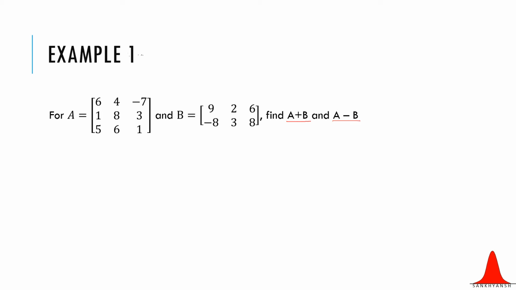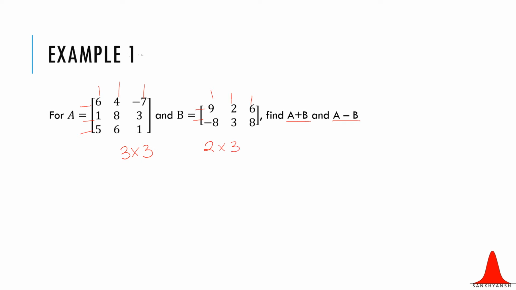Let's see the order of this matrix. It has 3 rows and 3 columns, so the order of the matrix is 3 by 3. And let's see the order of this matrix B. It has 2 rows and 3 columns, so the order of this matrix is 2 by 3.